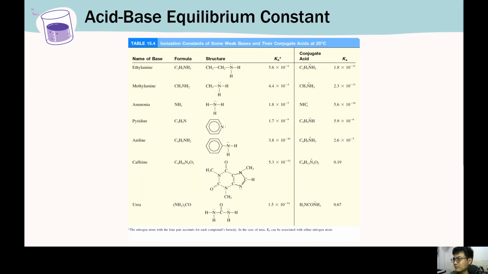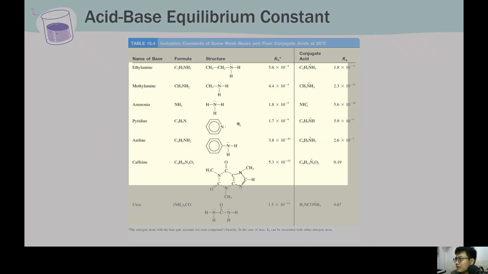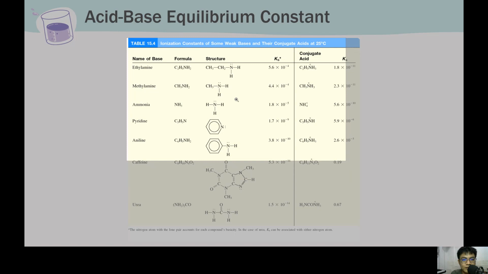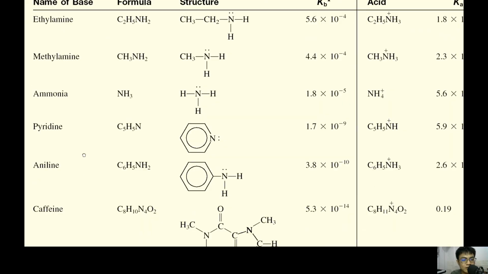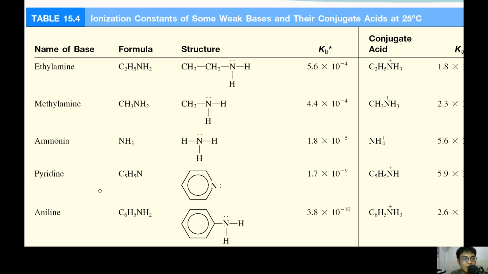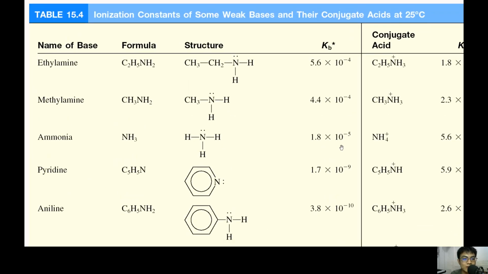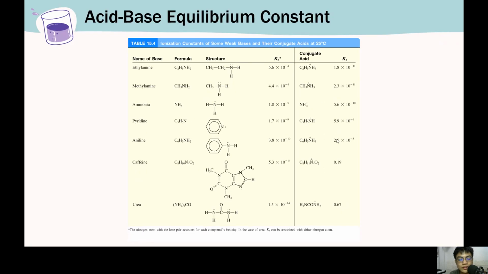Okay, so in this PowerPoint, I have here the ammonia. Okay, in slide number 34. So the Kb for ammonia, kasi ammonia, ayun. So the Kb for ammonia is 1.8 times 10 raised to negative 5. Okay, so 1.8 times 10 raised to negative 5 ang Kb.